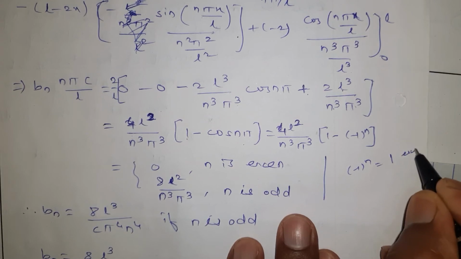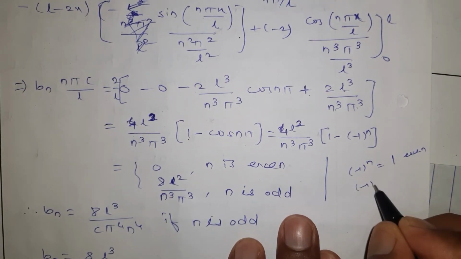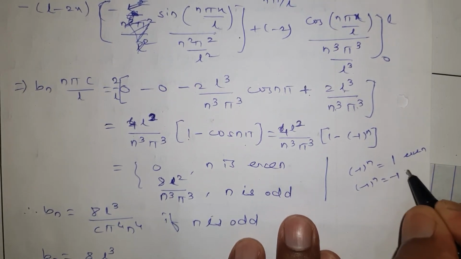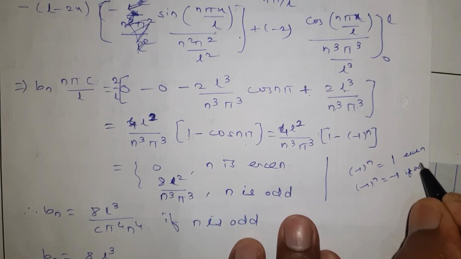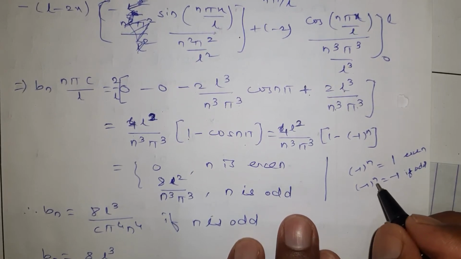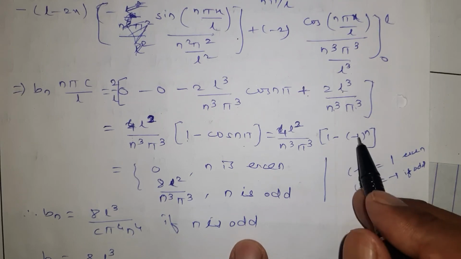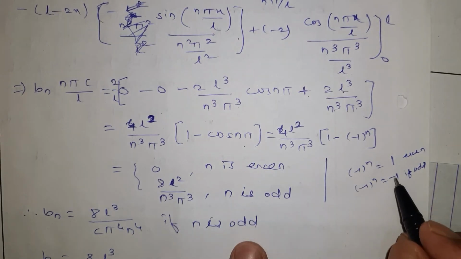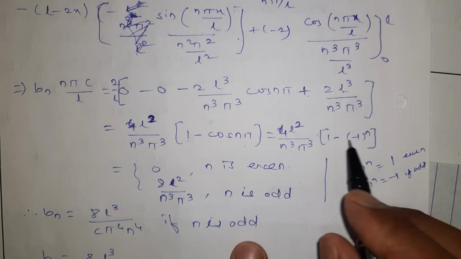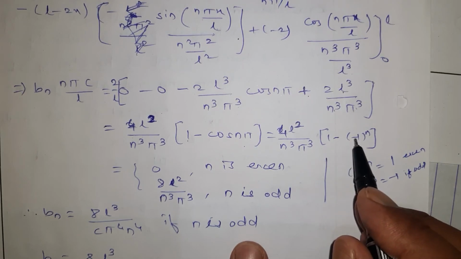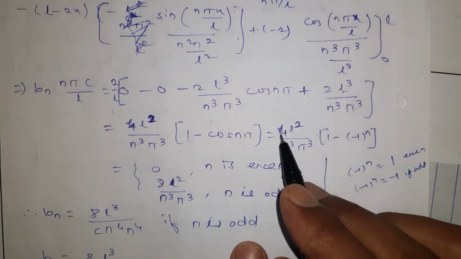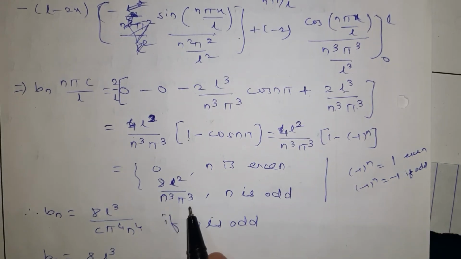And minus 1 raised to n is minus 1 if n is odd. Got it? So for even, 1 minus 1 is 0. And if odd, it becomes minus minus plus 1, so 1 plus 1, 2. 2 into 4, 8. So 8L square upon n cube pi cube.